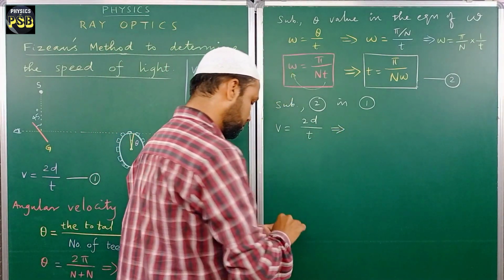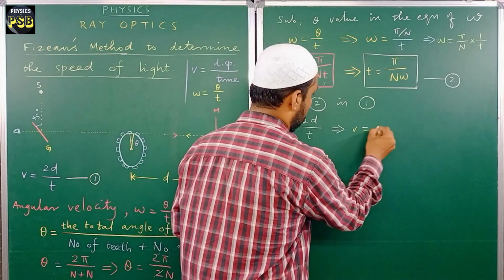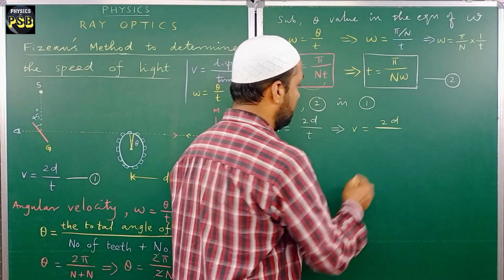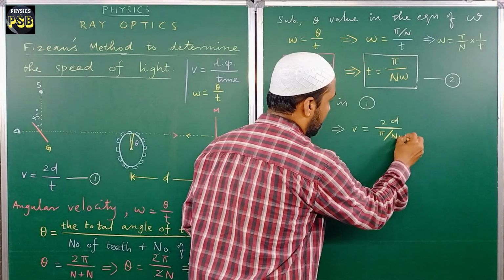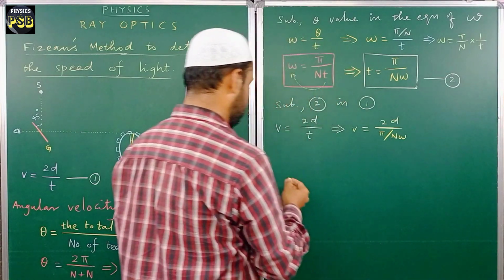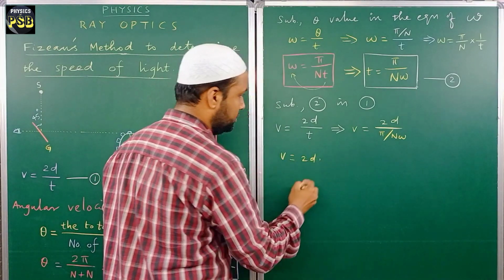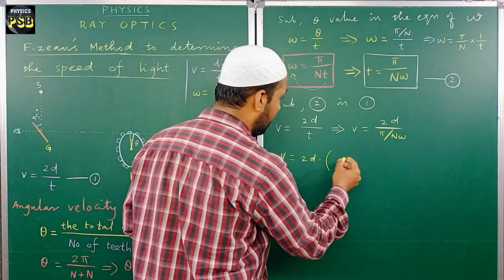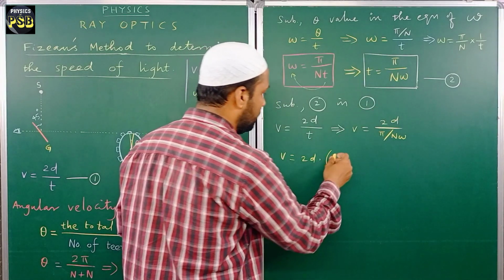Now here v equals 2d upon pi divided by n omega. The next step: 2d is kept here as such, and it is taken to the numerator. So what will happen when I take pi upon n omega to the numerator?